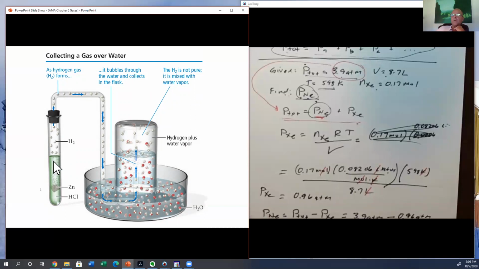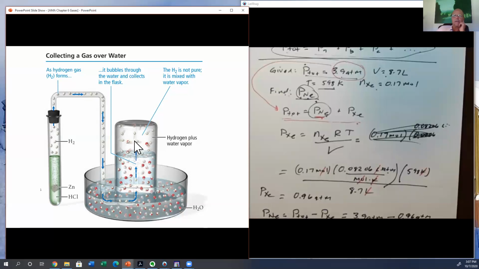One common way is to capture the gas in water. You have a beaker that you invert and fill up with water, and then you have a chemical reaction, like this one. The zinc reacts with hydrochloric acid and produces a gas. The gas bubbles up and gets caught in this compartment right here.